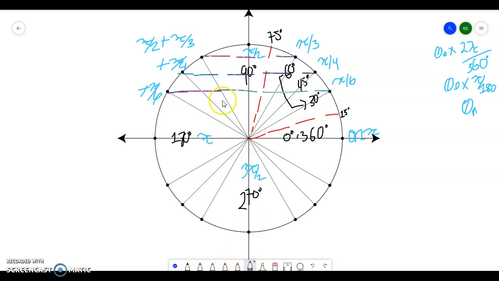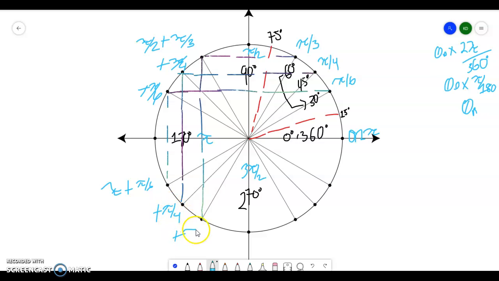And if I trace down here, the same applies. I can add pi to pi over 6, pi plus pi over 4, and pi plus pi over 3.